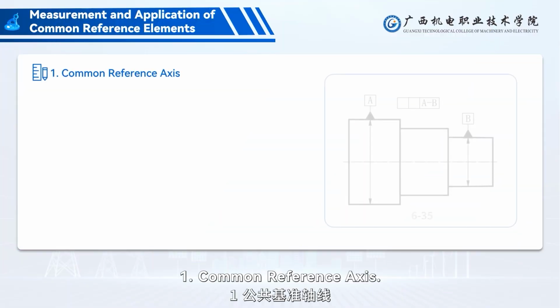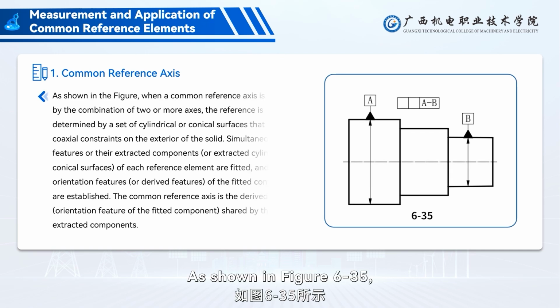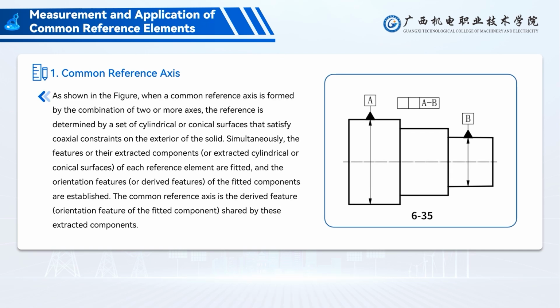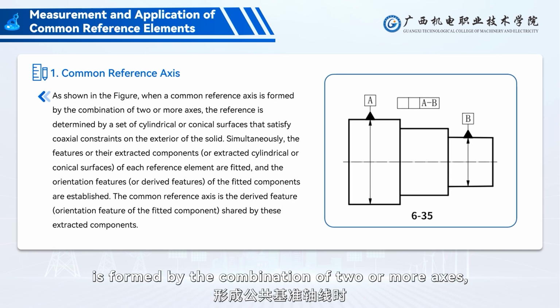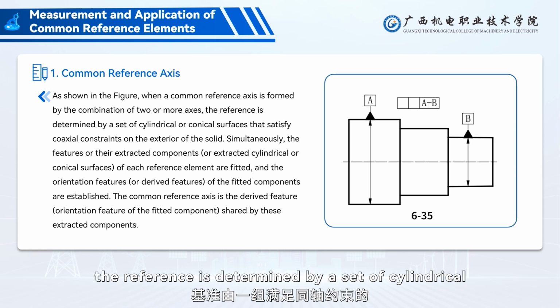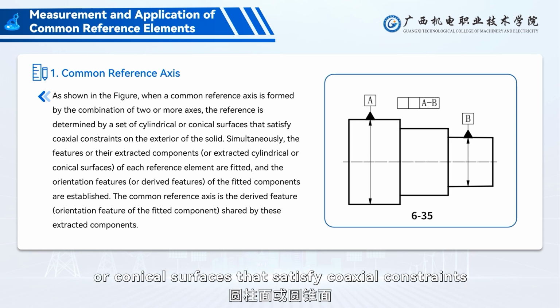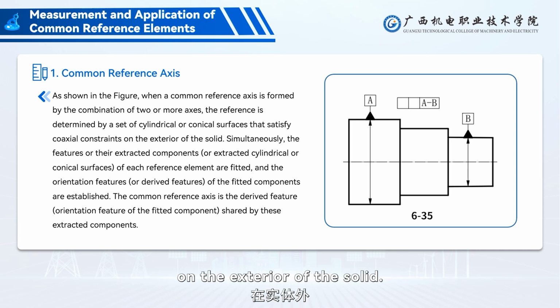1. Common reference axis. As shown in Figure 6.35, when a common reference axis is formed by the combination of two or more axes, the reference is determined by a set of cylindrical or conical surfaces that satisfy coaxial constraints on the exterior of the solid.